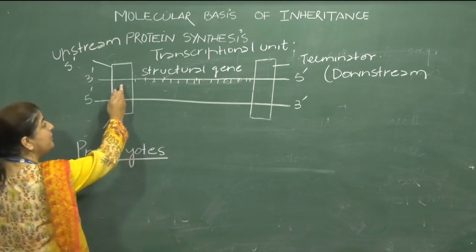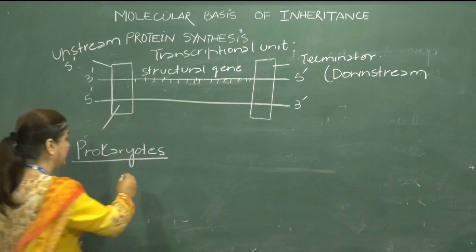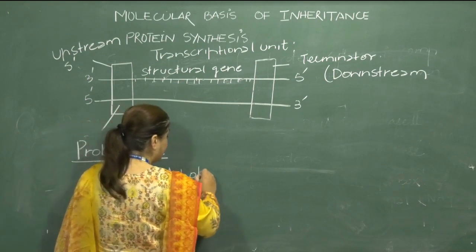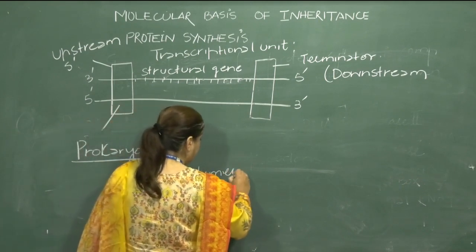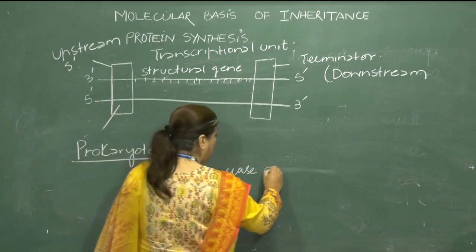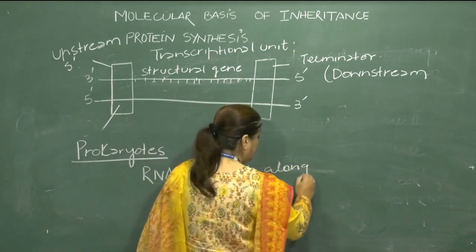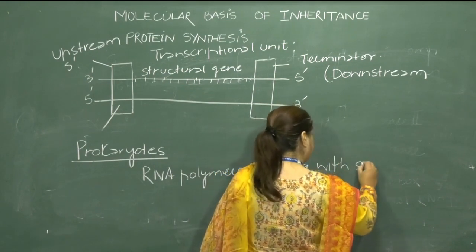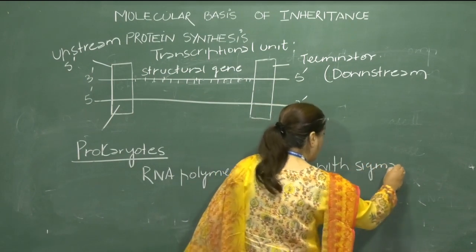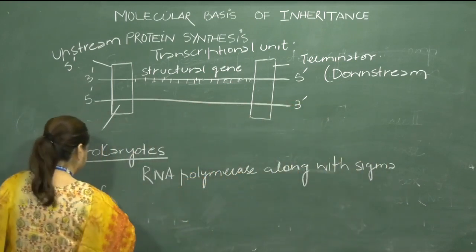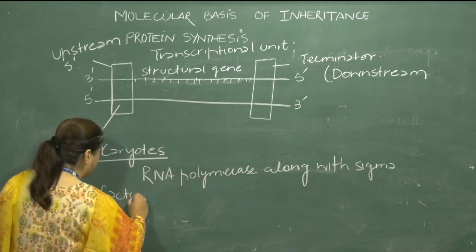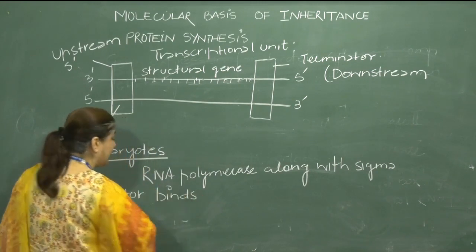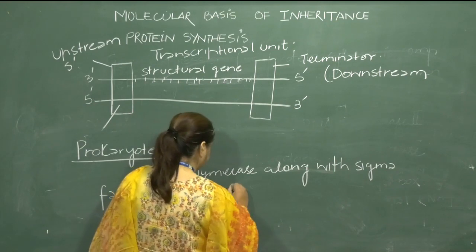Now initially when prokaryotic transcription begins, the first step is that the RNA polymerase along with the sigma factor binds to the promoter.